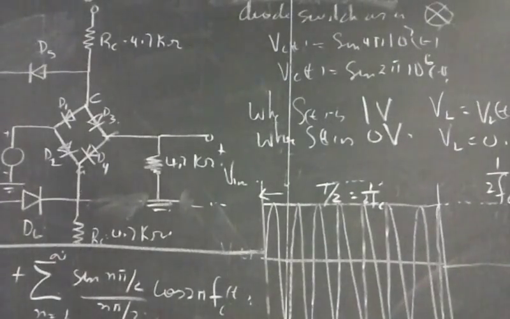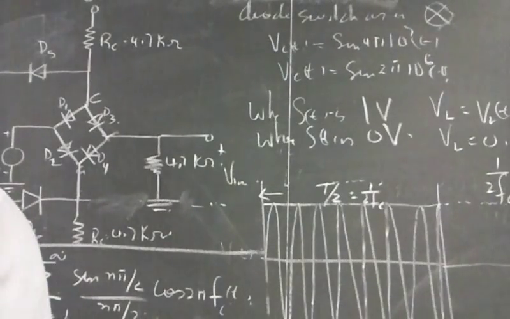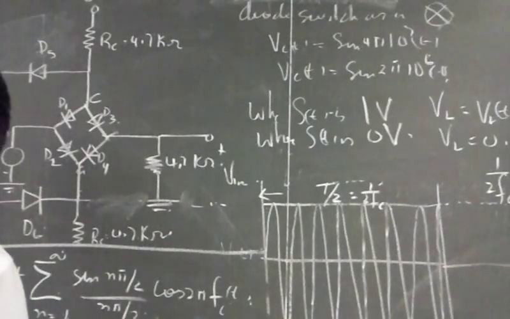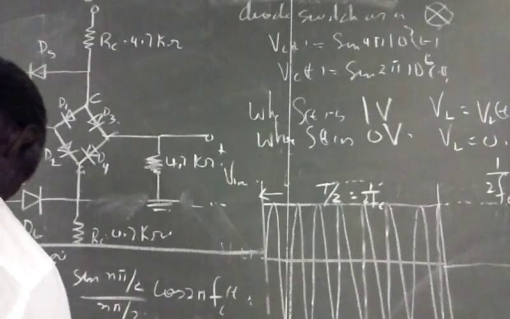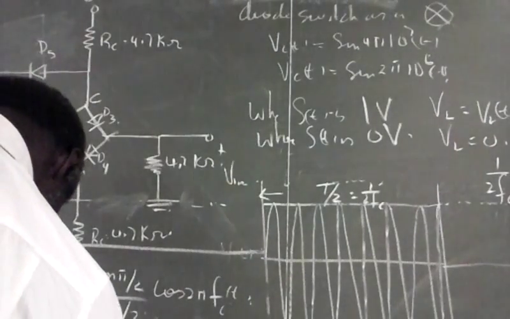And thus the output voltage VL of t is proportional now to Vi of t and Vc of t. So we say now that VL of t equals some constant times Vc of t Vi of t.